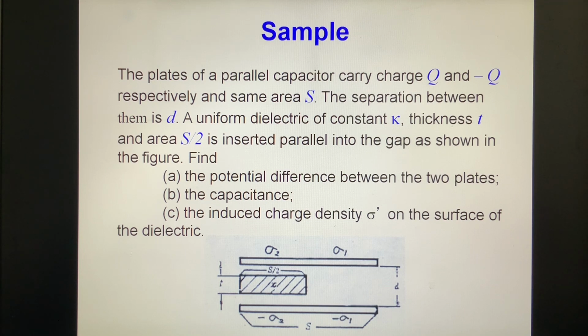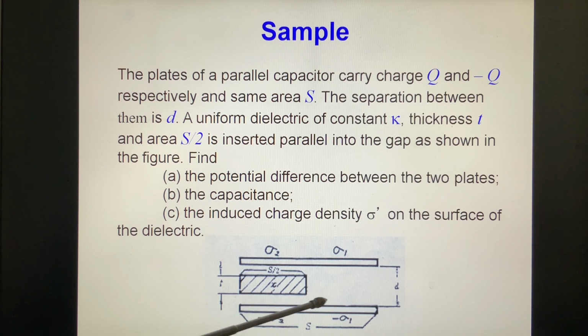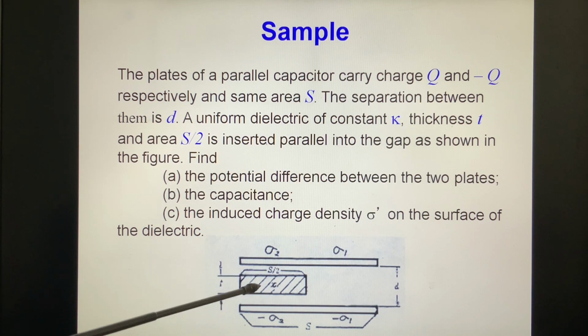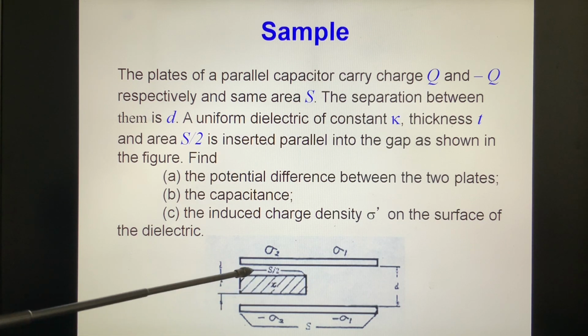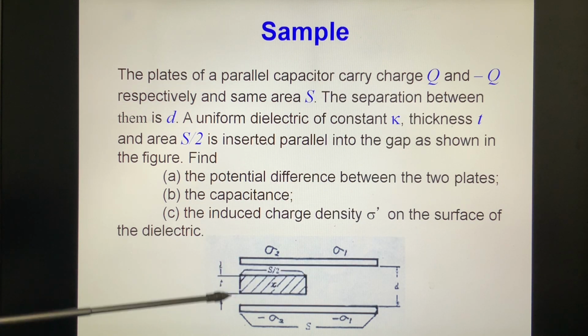Sample. The plates of a parallel capacitor carry Q and minus Q respectively, with the same area S. The separation between them is D. A uniform dielectric of constant kappa, thickness T and area half S, is inserted parallel to the gap as shown in the figure.